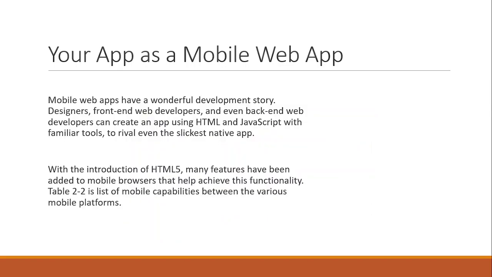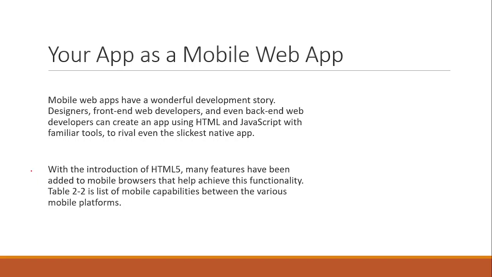Okay, so mobile web apps have a wonderful development history. So usually developers, front-end web developers, and even back-end web developers can create an app using HTML and JavaScript. So using familiar tools to rival even the slickest native app.